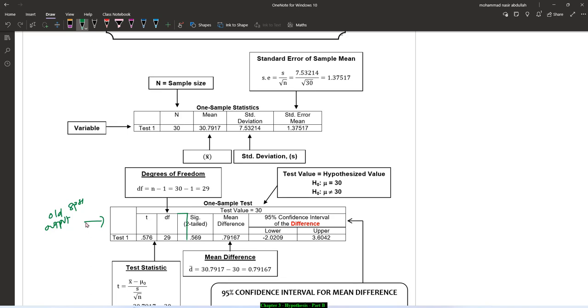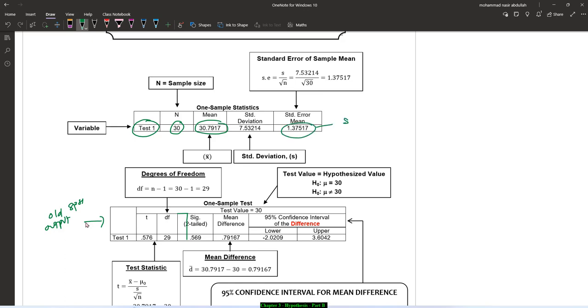First, they will give you two tables. The first table is one sample statistics. It explains the variable we use for testing, the sample size, and the mean of the data. Based on 30 sample observations, this is the standard deviation, and this is the standard error.